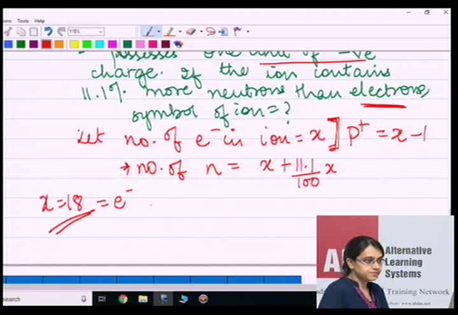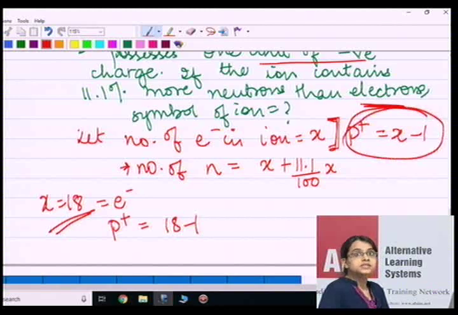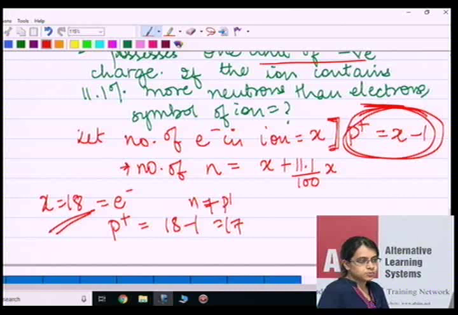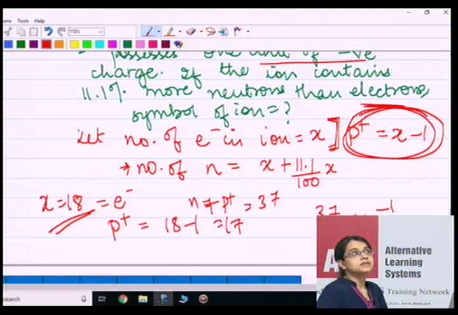The number of protons would be 18 minus 1, therefore 17. Number of neutrons plus protons comes out to be 37. So the element that you have is 37/17 Cl with charge minus 1.